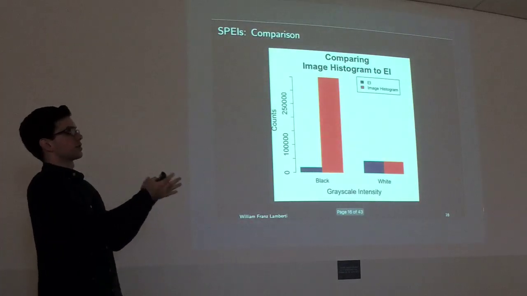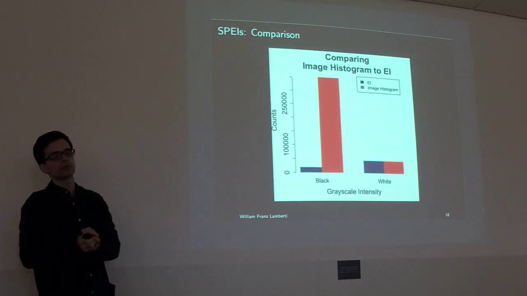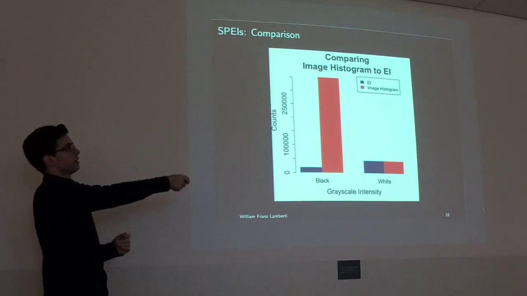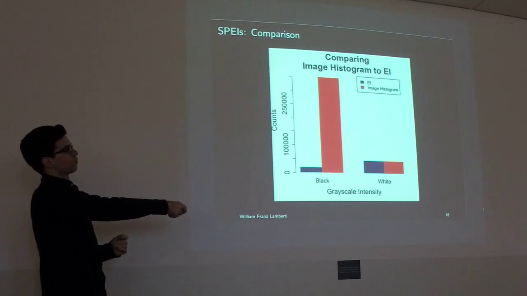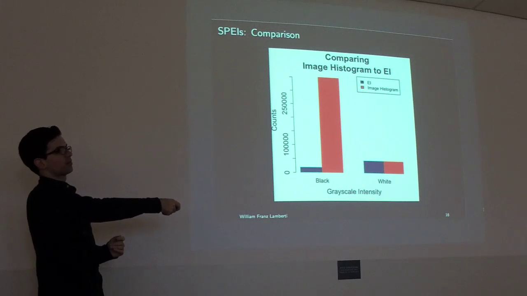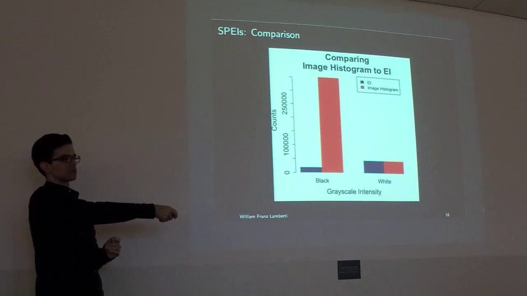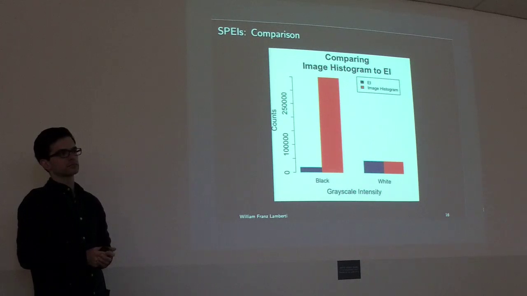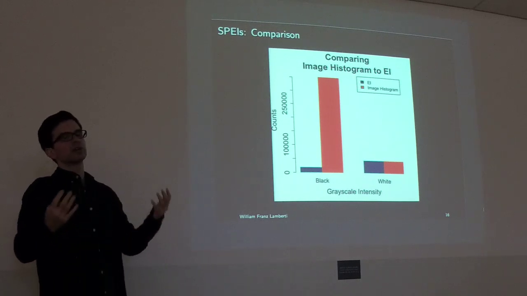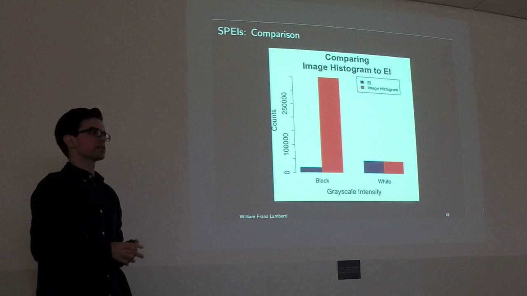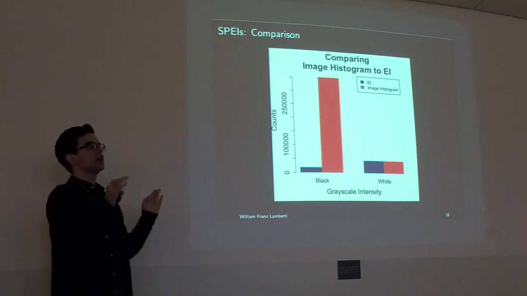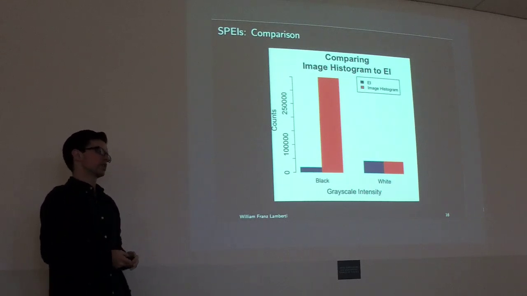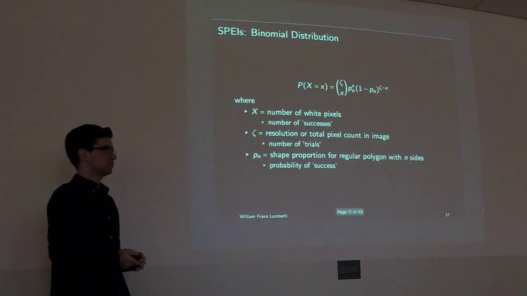And so here's a comparison, just to really drive home this point: the encircled image histograms change the number of black pixels while leaving the white pixels consistent. So that's the intuition behind what's happening with SPEIs: you're changing the black pixels and making it appropriate for the given shape.